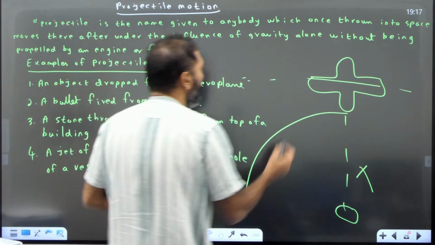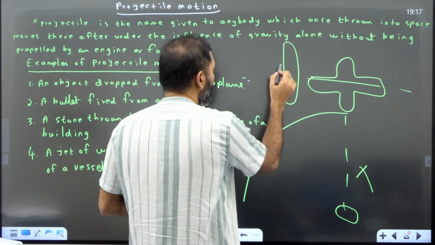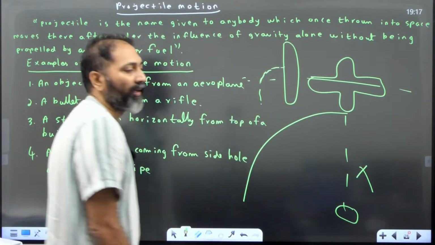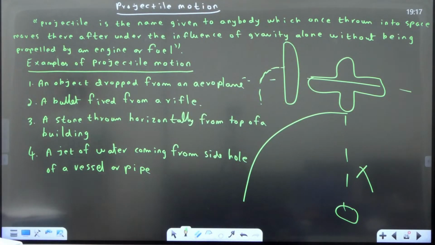Suppose there is a pipe and I make a hole here. So what happens? The water will follow what path? Parabolic path. So these all are examples of projectile motion. This is very important. Projectile motion definition and examples are very important.